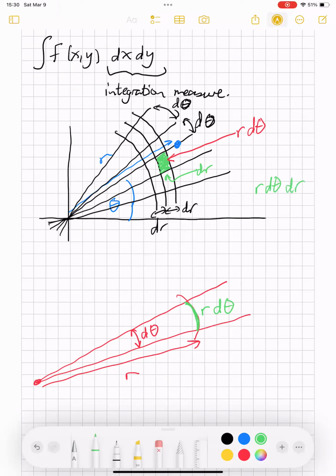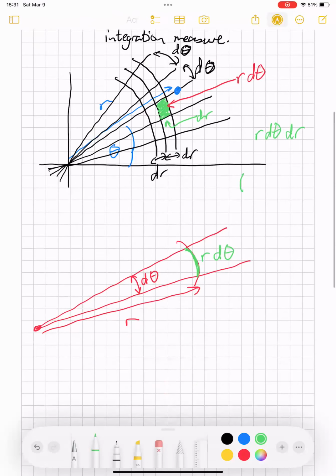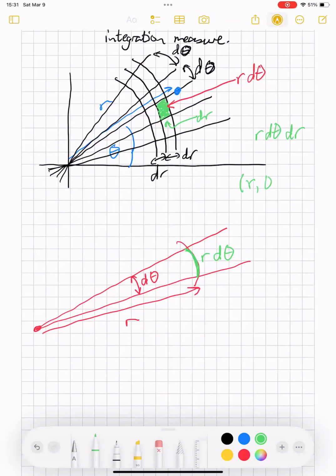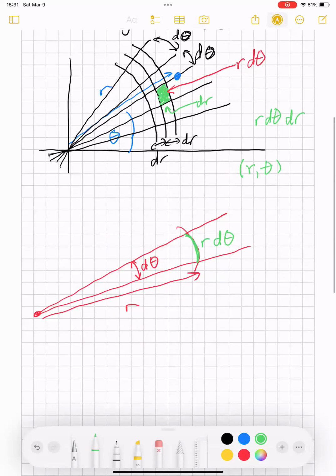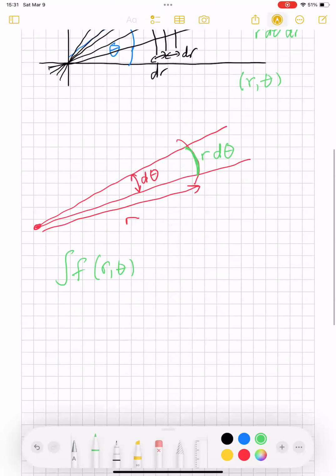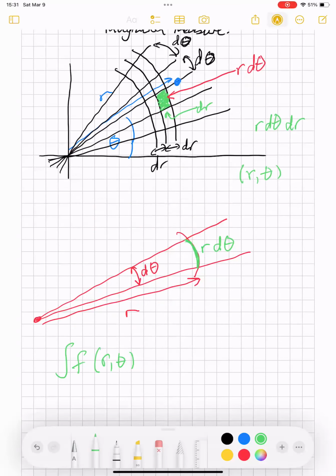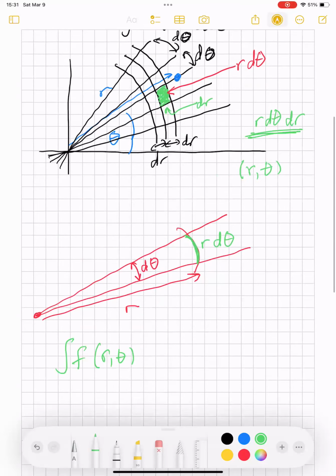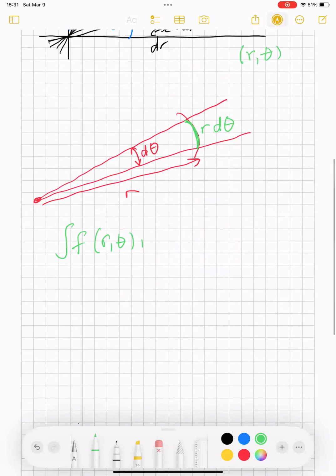So if you want to work in these coordinates, r and theta, you'd take an integral of f, using r and theta instead of x and y. But now the integration measure, the area that we assign to each little block, will be r dr d theta.